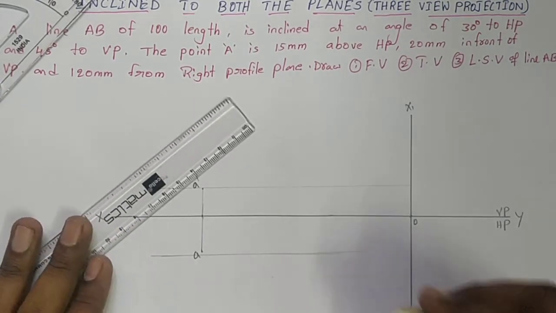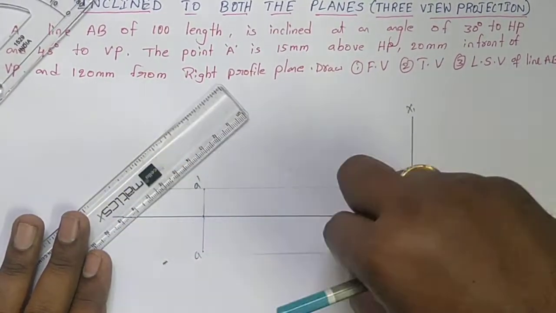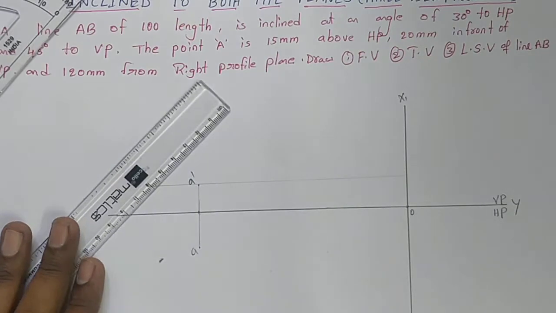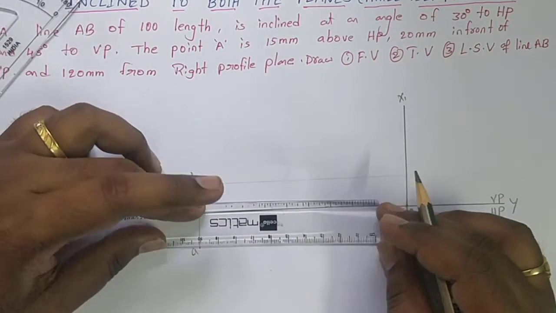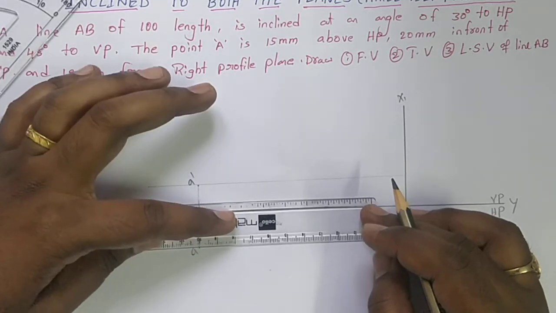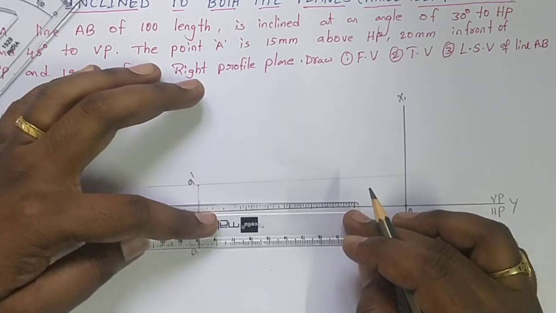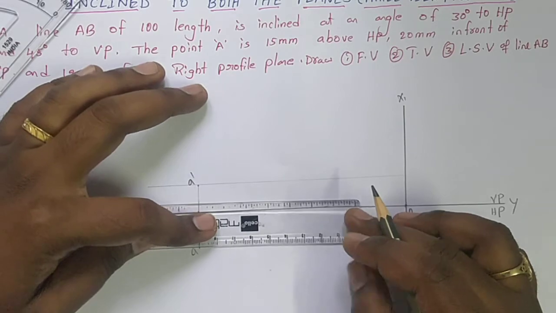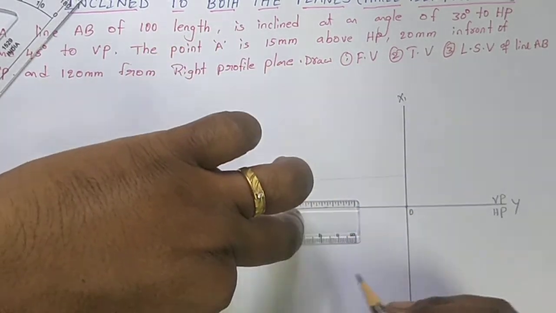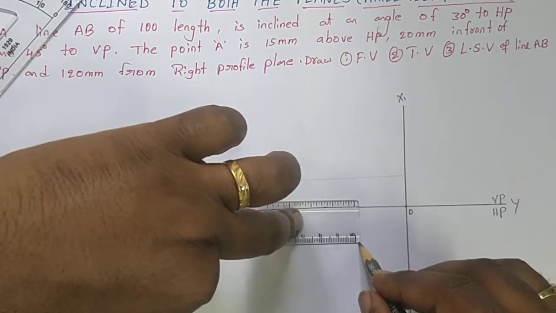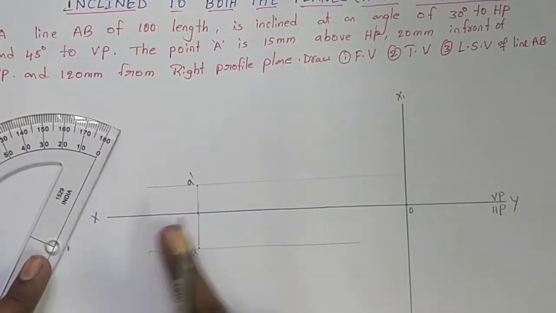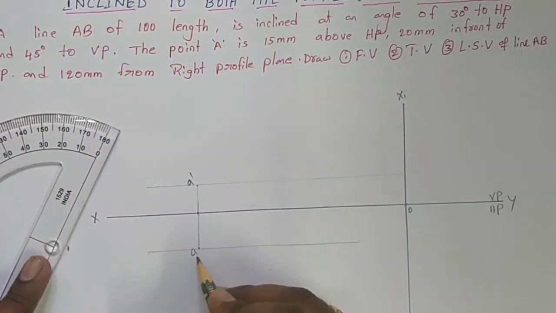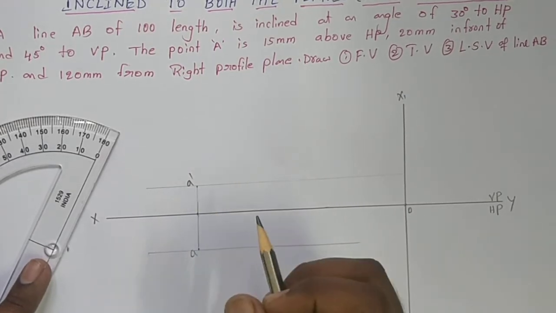I have drawn two horizontal lines, these two lines are parallel to XY. It is the locus of A and it is the locus of A dash.